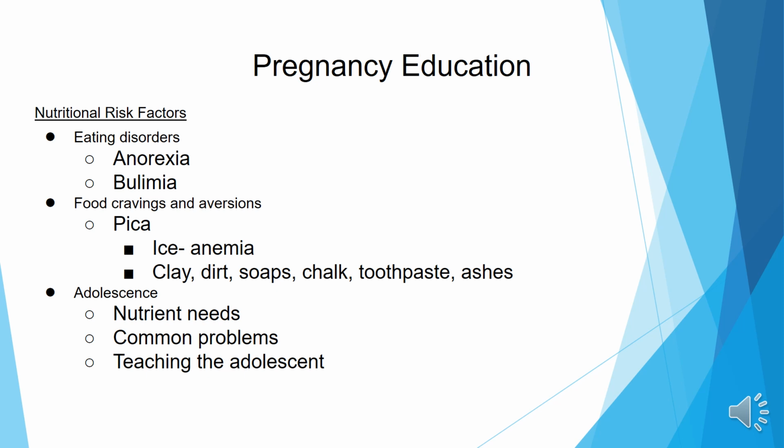They have to be a part of the conversation, and you really have to develop a relationship with them before they're going to accept any of the education that you're providing. So make sure, especially with adolescents, that you're trying to develop that rapport with them so that they take your recommendations seriously and do the best that they can for their pregnancy.